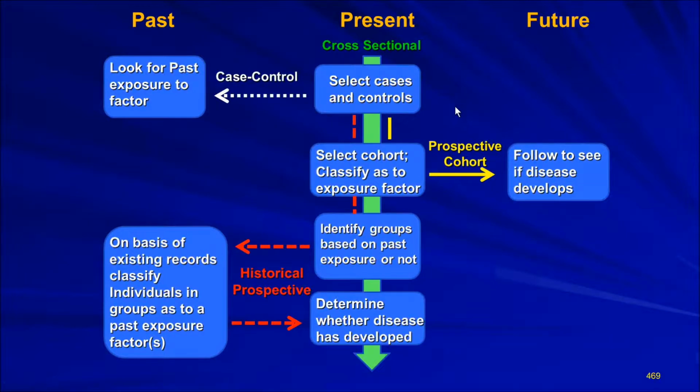Whereas a historical prospective study begins with exposed. People have been exposed to a disastrous event in the past, and those who have not been exposed. So these are diseased and non-diseased, and this is exposure. You have to remember that these two are exposure. This is diseased and non-diseased.